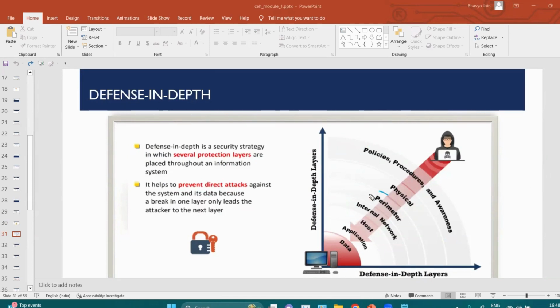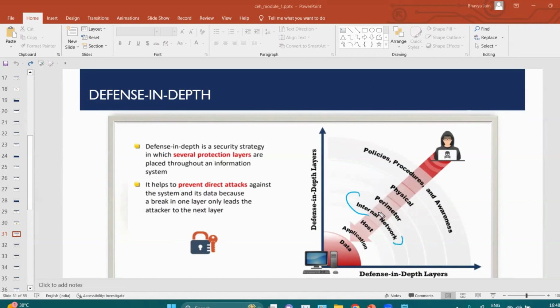Or, for example, you have applied a card access entry point. If anyone wants to enter the premises, then he or she has to swipe the card and then can enter the premises. So that is perimeter security.